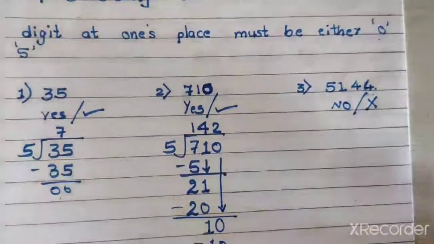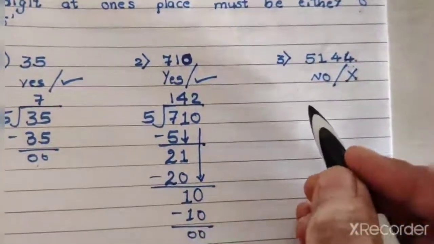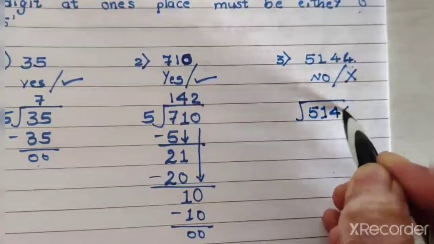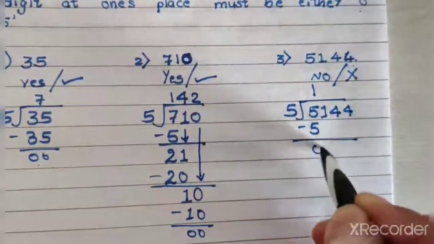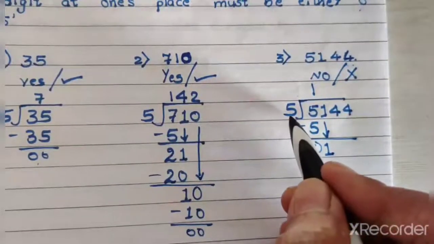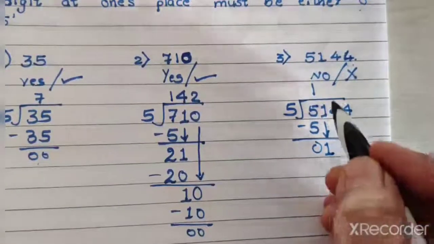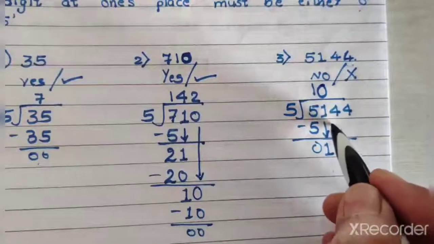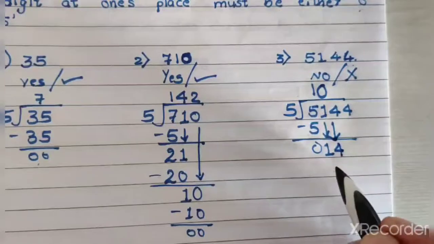Okay, so I'm not doing the division. Okay, let me do it so that it is sure for you that yes, the test of divisibility is working. For 5, ones are 5. Put 0. I'll take 1 down. 1 is less than the divisor, and I want the second number also down. If you want the second number down, you have to first give 0 in the quotient above, and then you are allowed to take one more number down.